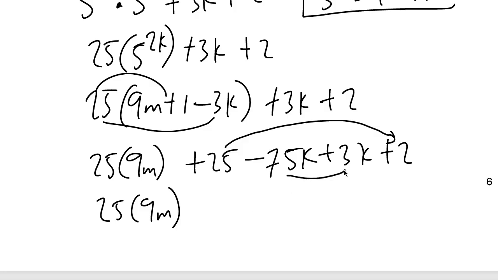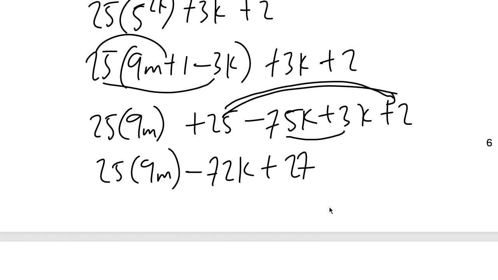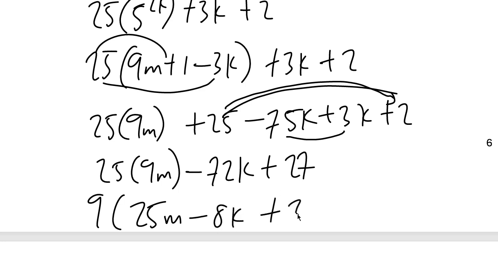Then minus 75k plus 3k is minus 72k. 25 plus 2 is what? 27. Then you can now see that 9 is a factor. If you factor 9 out, 25 into 9m divided by 9, you are factorizing, it will be what? 25m. Then minus 72k divided by 9 will be what? Minus 8k. Then positive 27 divided by 9 is what? 3. So this is where it's leading to.